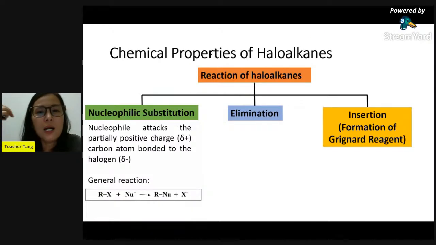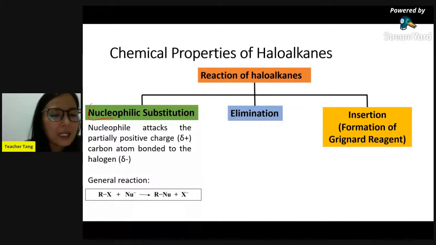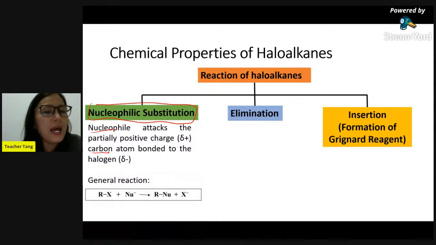Haloalkane can undergo 3 types of reaction. The one we are going to discuss tonight is nucleophilic substitution, whereby the nucleophile attacks the partially positively charged carbon atom bonded to the halogen and replaces the halogen.